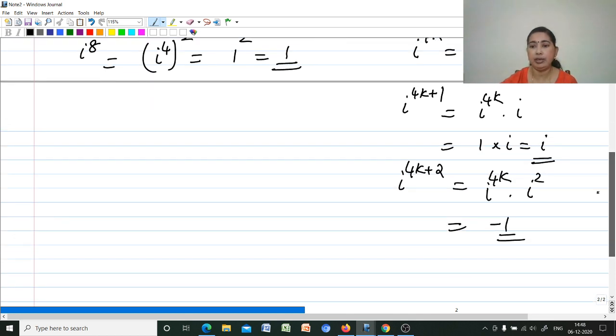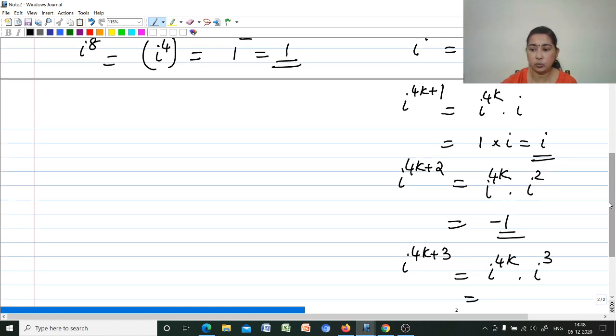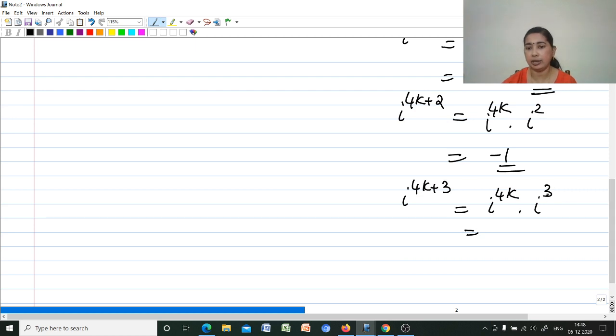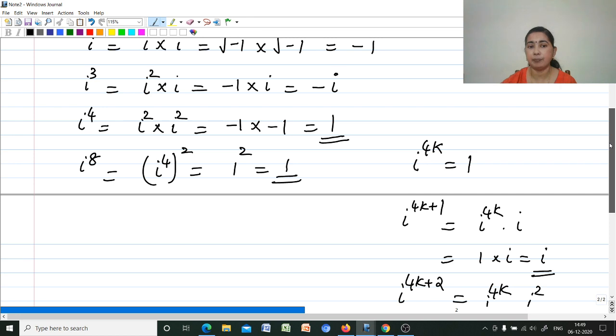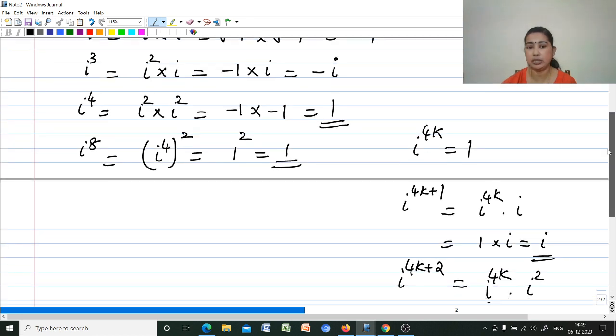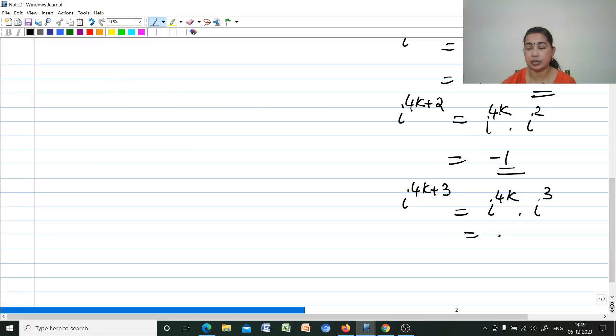In the same way, what will be i raised to 4k plus 3? i raised to 4k plus 3 is i raised to 4k into i raised to 3. i raised to 4k is 1, and i raised to 3 we have already found. i raised to 3 is i square into i, and i square is minus 1. Minus 1 into i is minus i. So, this also will be minus i.